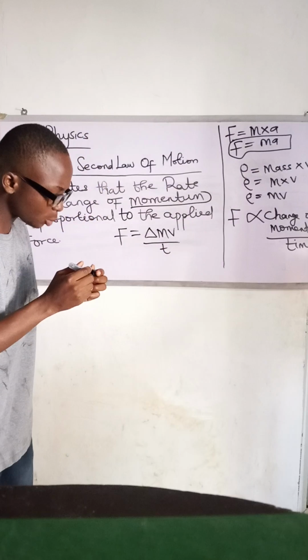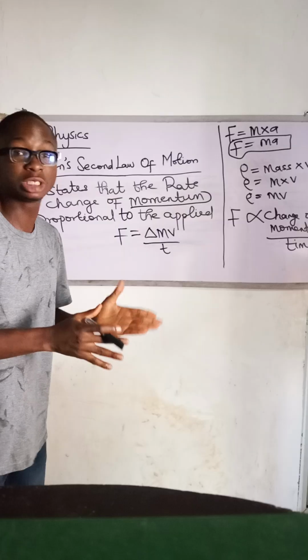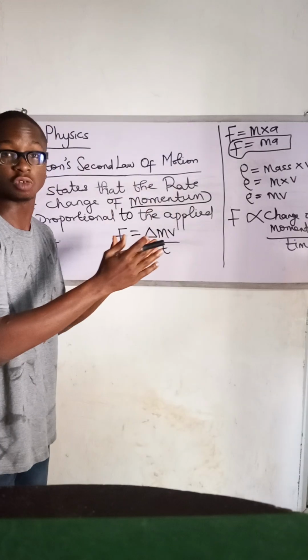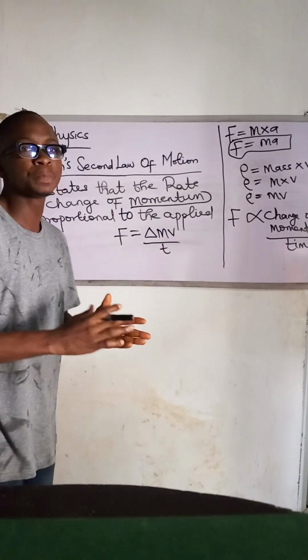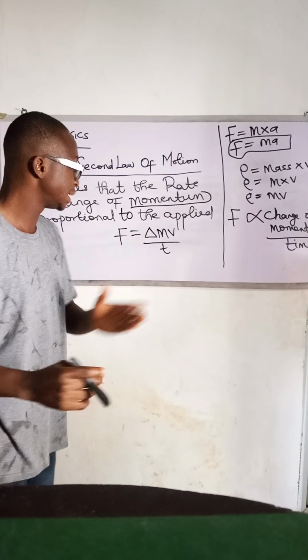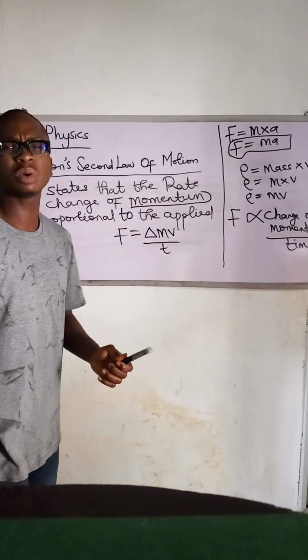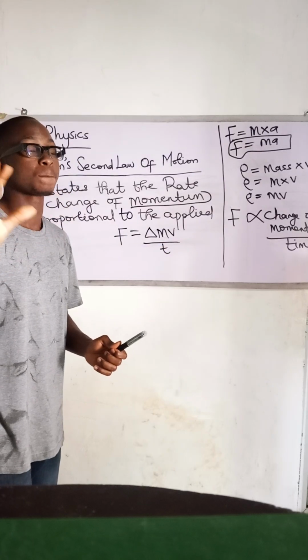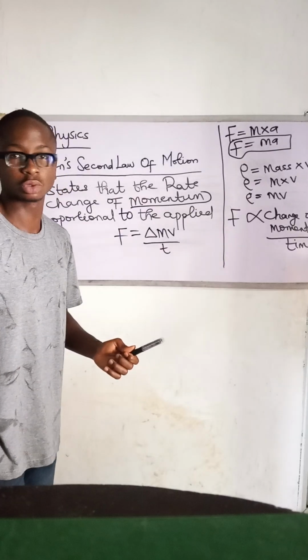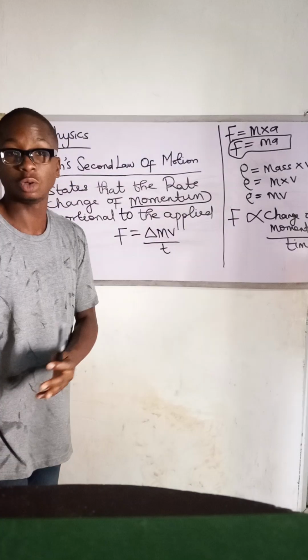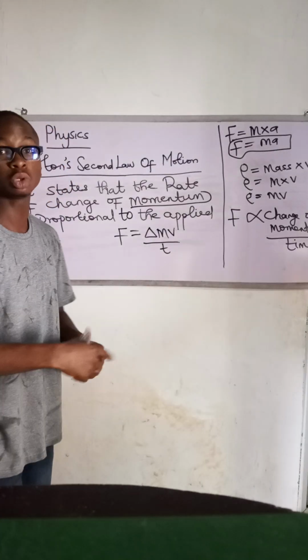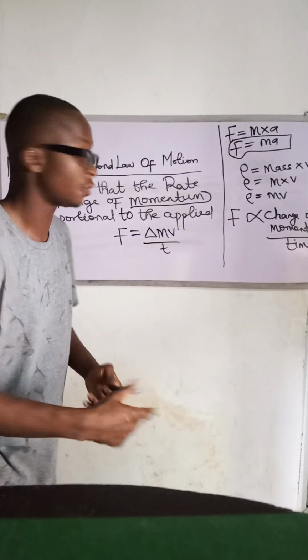But in a situation where we are given final velocity and initial velocity, I'm going to solve questions on these laws of motion. Previously, when we were dealing with resolution of vectors, we talked about initial velocity and final velocity. We talked about them in projectile too.